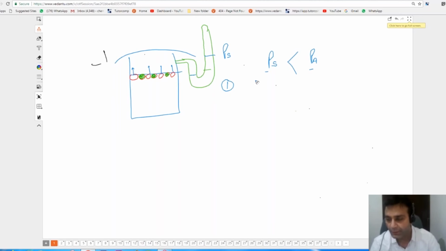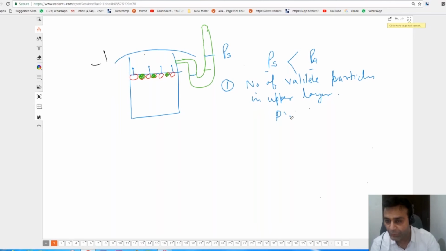There are two reasons due to which the vapor pressure of the solution is less than that of the pure solvent. Number one reason is that the number of volatile particles in the upper layer is less, so fewer vapors are formed.